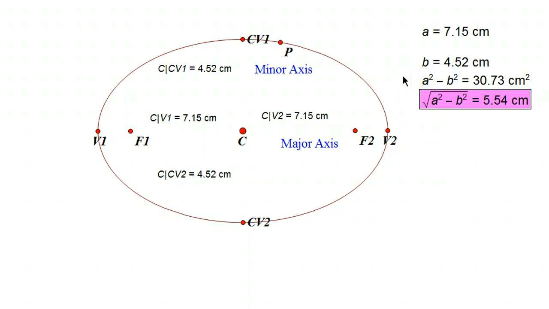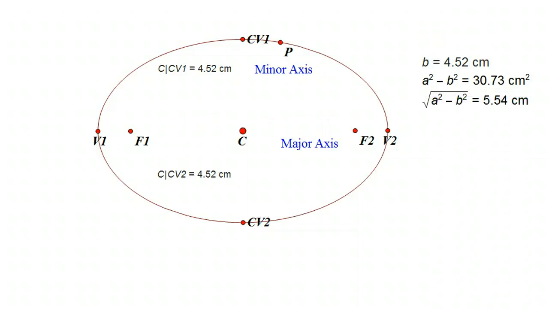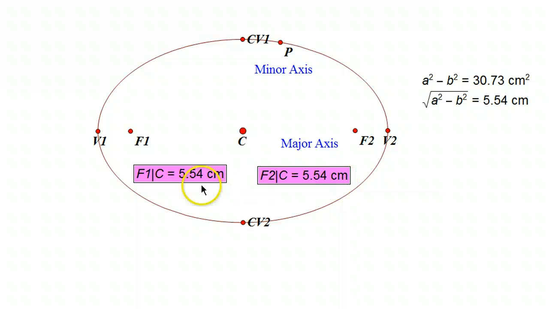Well, what's the significance of that number? I'm glad you asked. Let's take a look at the distance between the center point and the first focus point. When we look at those distances, we see that the distance between the center point and each focus point is 5.54.